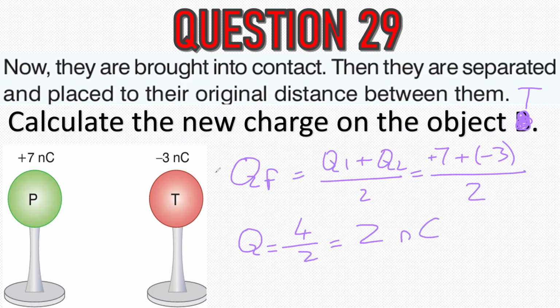All right, remember, if you have nC, you must convert it. So final answer in coulombs, 2 times 10 to the power of negative 9 coulombs. Done. New charge on each object, P and T. Done. Okay, let's continue with the last question.